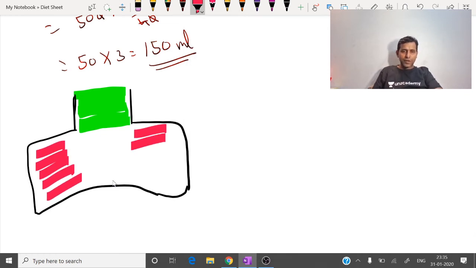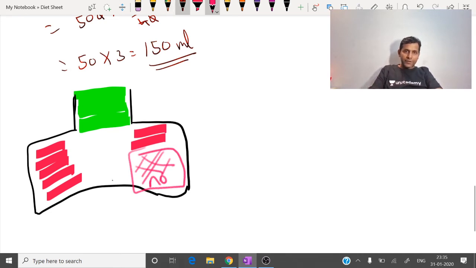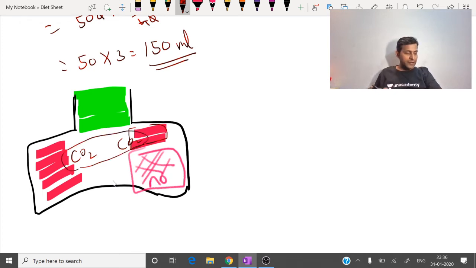Now suppose this part of the lungs is not participating in exchange, so no exchange occurs here. The carbon dioxide which is getting accumulated from the alveoli is from this part and the remaining carbon dioxide from this part. So overall CO2 which is getting collected here is definitely lesser than normal carbon dioxide.